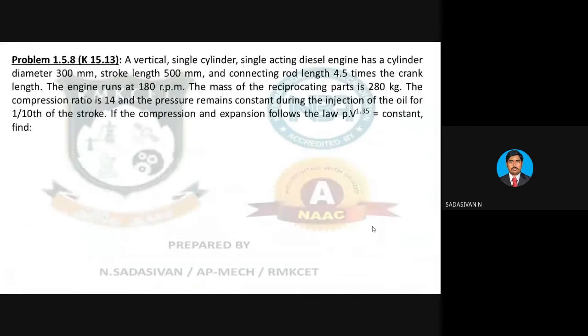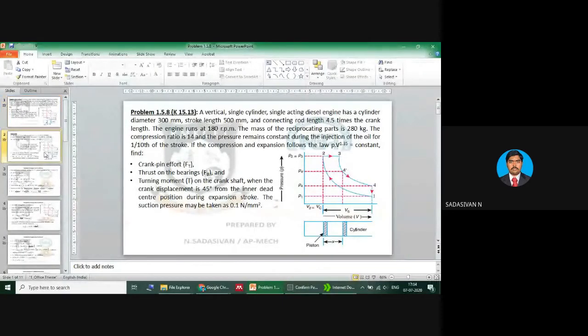The question specifically spells out that the pressure remains constant during the injection of the oil for 1/10 of the stroke. Fuel injection takes place between 2 to 3, so that is how I am telling P2 equals P3. It's given.